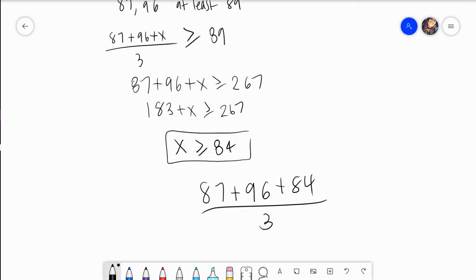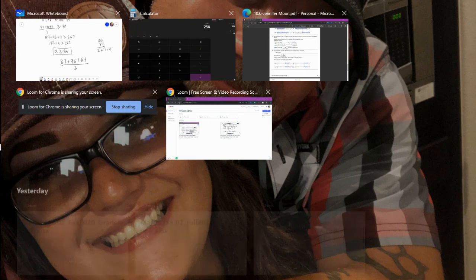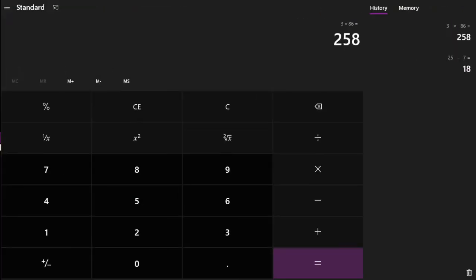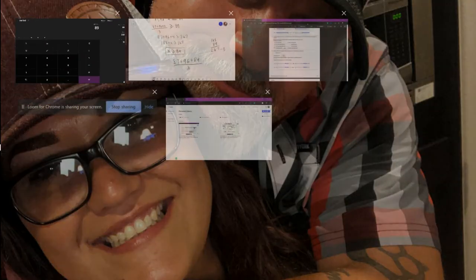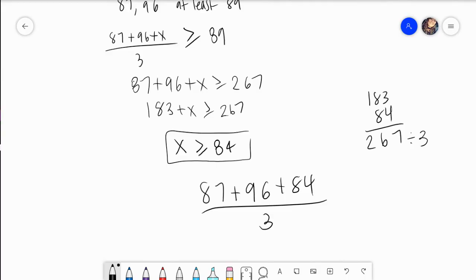So that would be 183 plus 84 is 267. And then if I divide that by 3, 267 divided by 3, I get 89. So do you see how if I was adding a 90 here or even 100, I for sure would be at least 89 for my average.